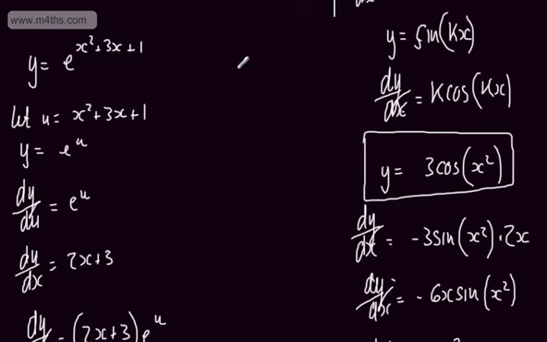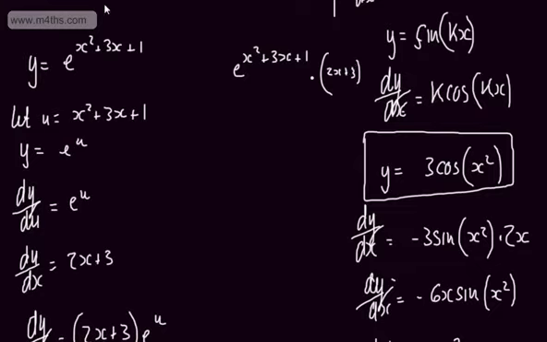Differentiating the outside function just gives us e to the x, so we'd have e to the x squared plus 3x plus 1 multiplied by the derivative, which is the quantity 2x plus 3. When we're differentiating e to the x, we get e to the x, and it might be a little strange, but essentially when you're differentiating that exponential function, you're simply multiplying by the derivative, because when you differentiate e to the x, you get e to the x.